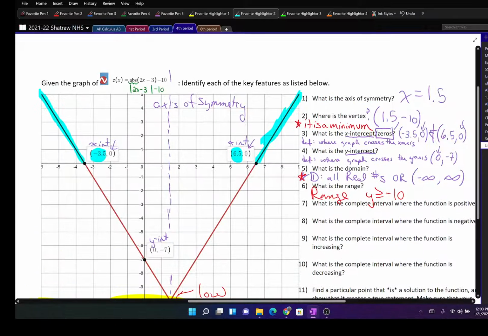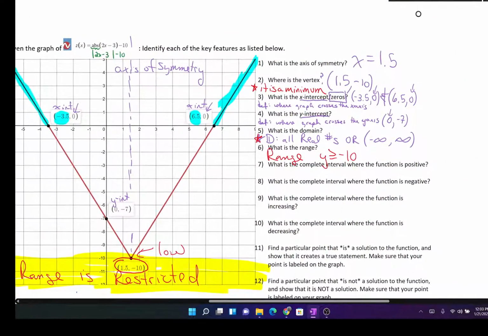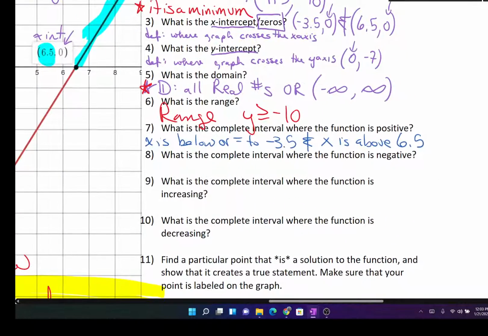Okay, so what I wanted to say for the kids who have missed out on interval notation, this is what you can write. You can write x is below or equal to -3.5 and x is above 6.5. That's a sentence. You can write that and get credit for it.